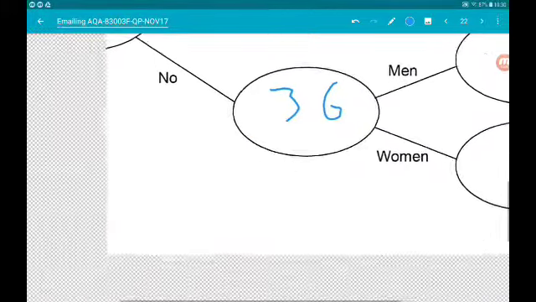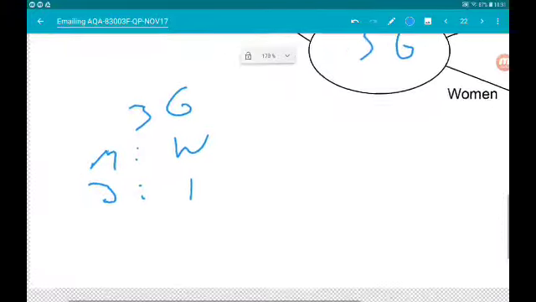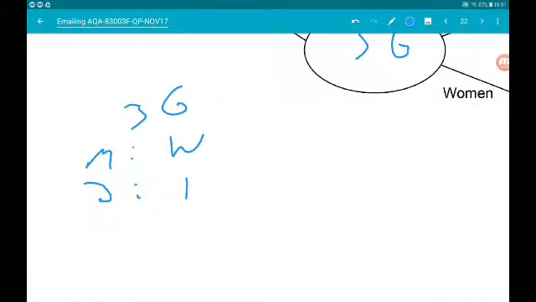So there's 36 of them all together. So we know the 36 people, men to women, are in the ratio 3 times as many men, so that's 3 to 1. Now we want to split then 36 into that ratio. So 3 add 1 is 4. 36 divided by 4 is 9.